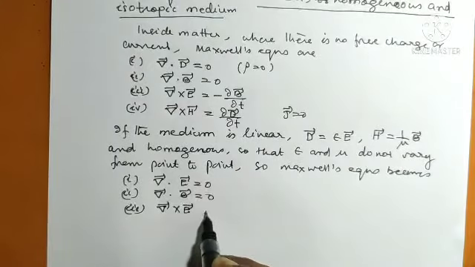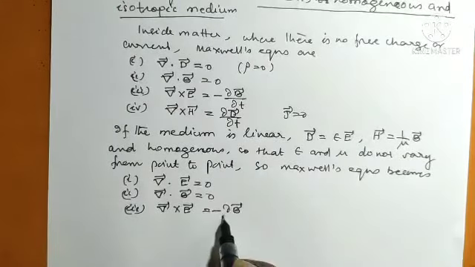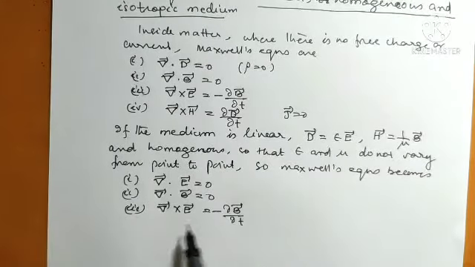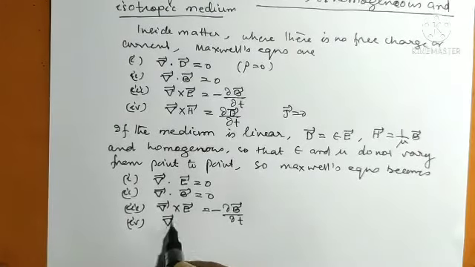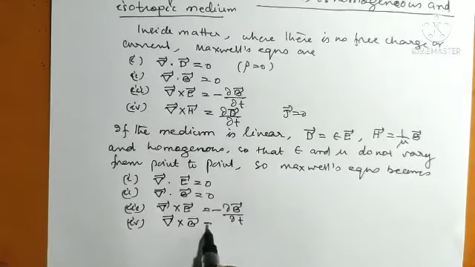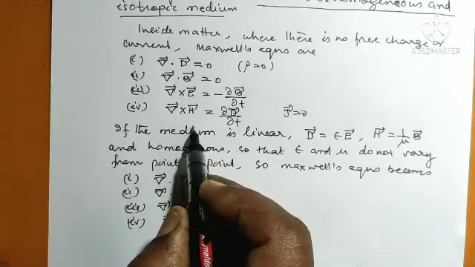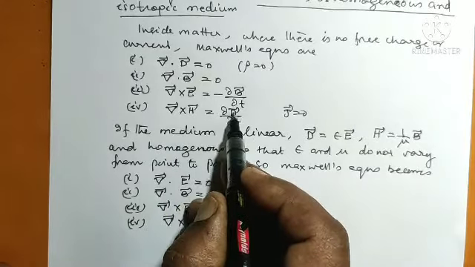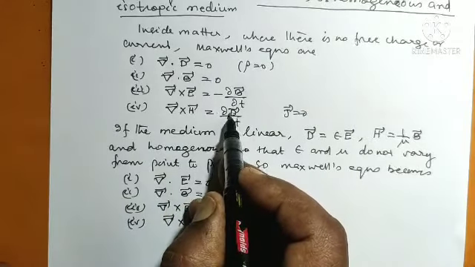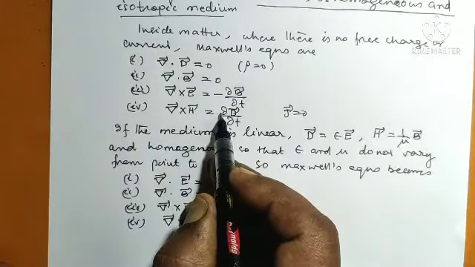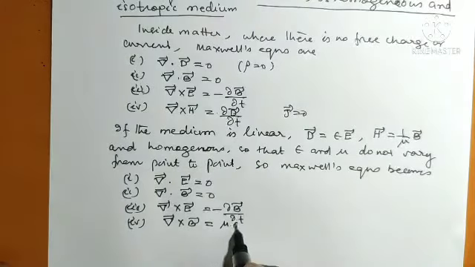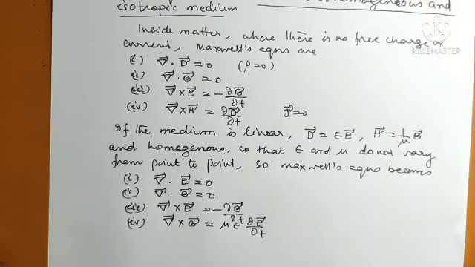And the fourth one is del cross B equal to, here H is B by mu, so multiply mu to the right hand side and put epsilon E in place of D. So this is mu epsilon del E by del t.